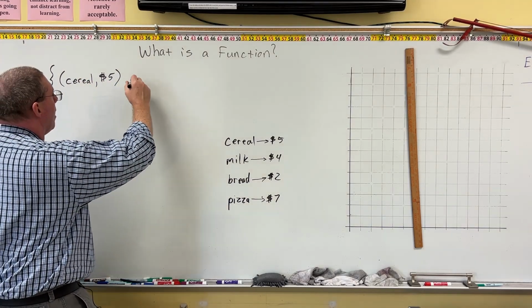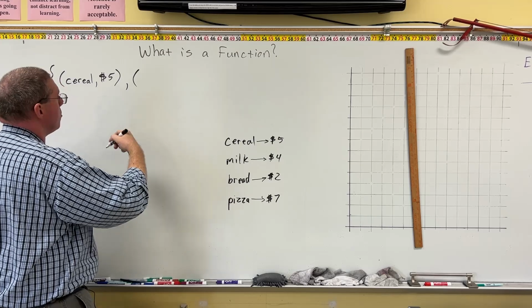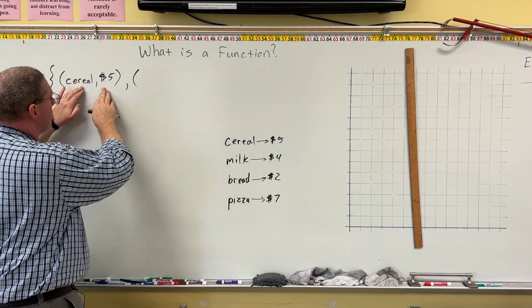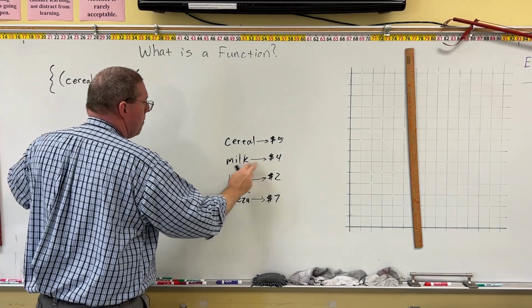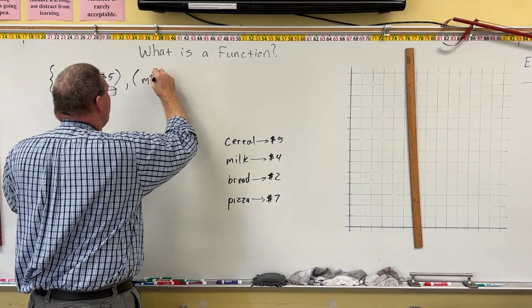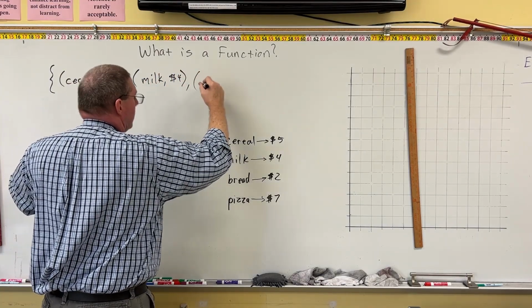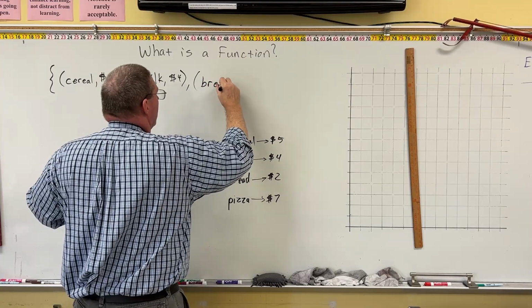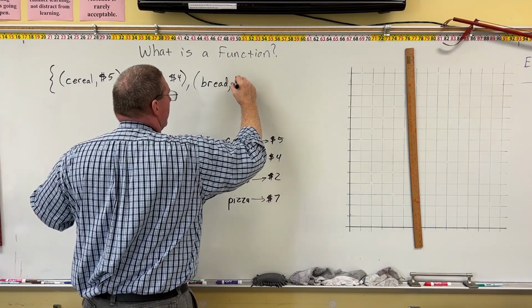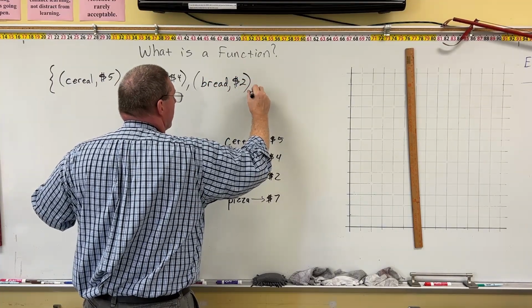Then we would put a comma, and then we would do a new pair. This is a pair. The cereal goes with a charge of $5. Milk goes with a charge of $4. Comma. Bread goes with a charge of $2.